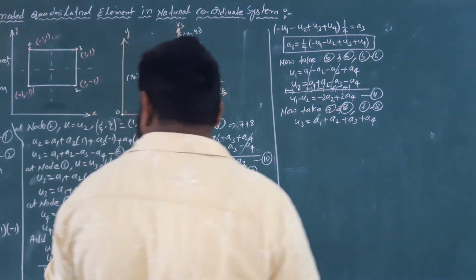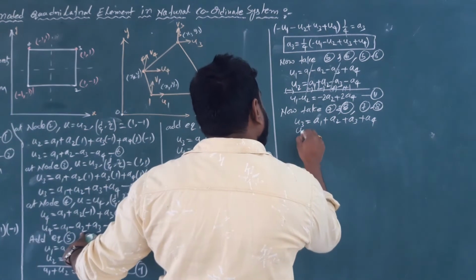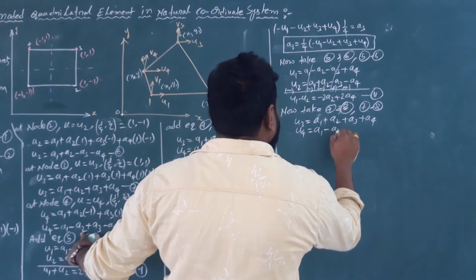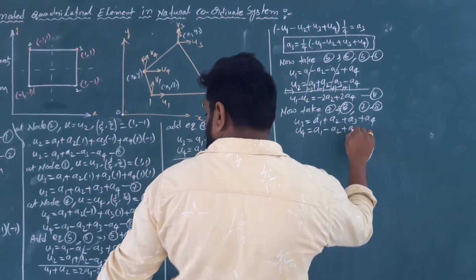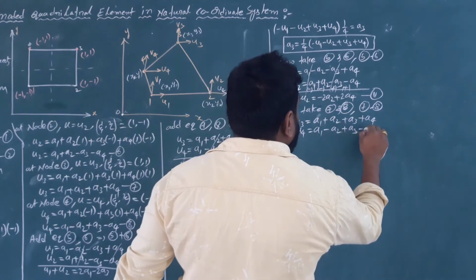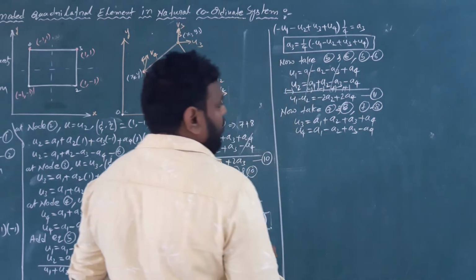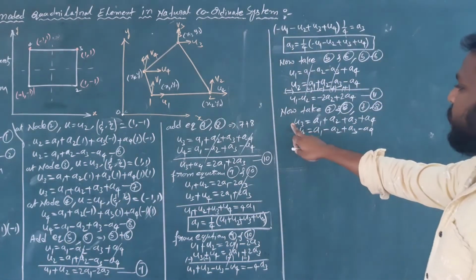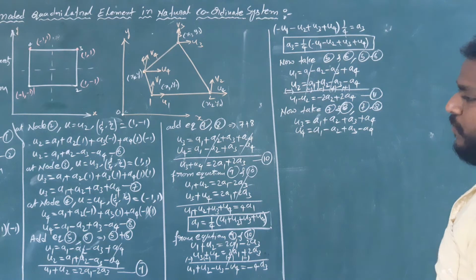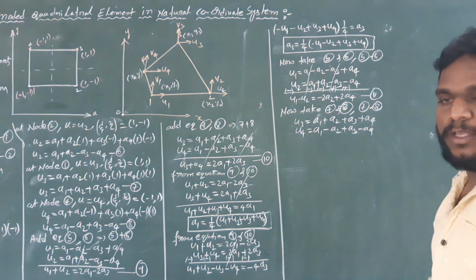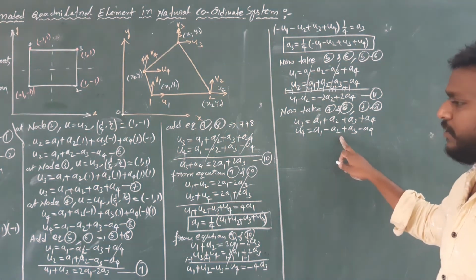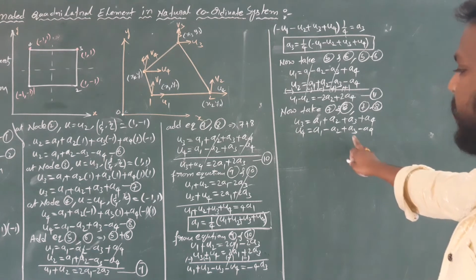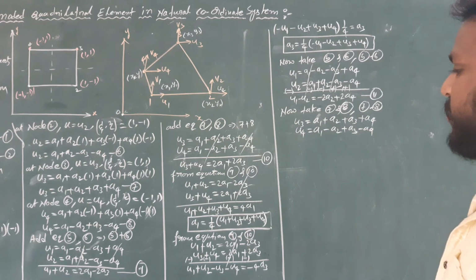Okay, the 8th equation is u4 equal to a1 minus a2 plus a3 minus a4. This is equation number 8.